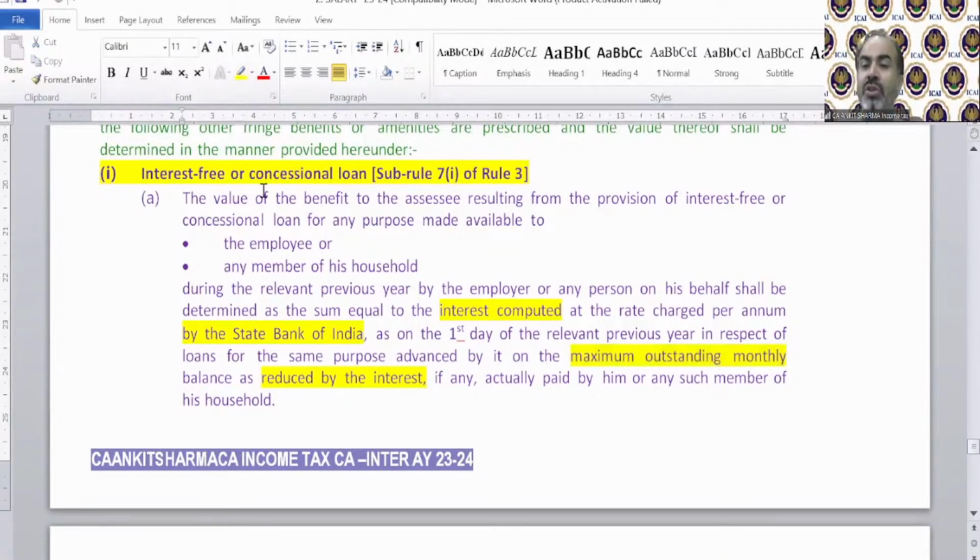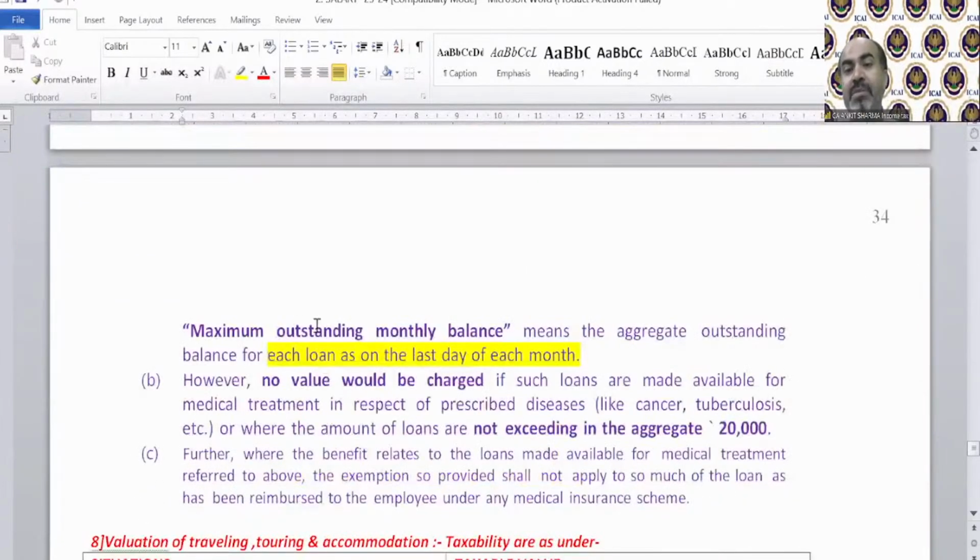The interest will be charged on this amount, as reduced by the interest, if any, actually paid by him or any such member of his household. Maximum outstanding monthly balance means each loan as on the last day of each month. We need to see the balance for each loan at the last day of each month, and whatever is the balance at the end of every month, we need to charge interest on that amount.